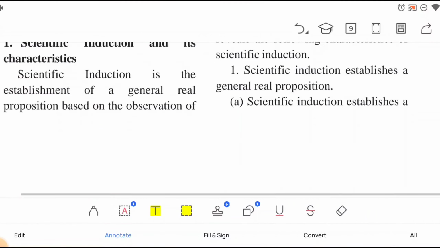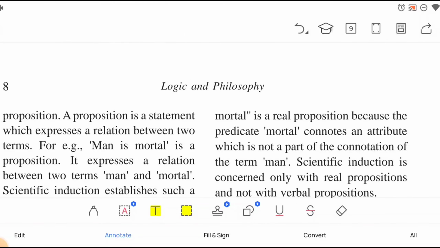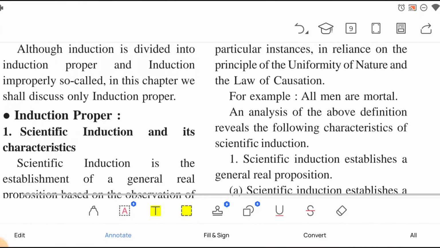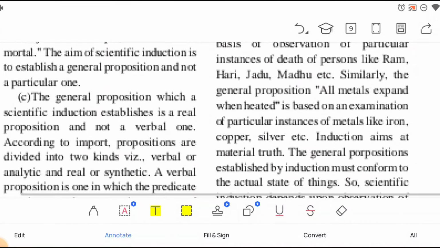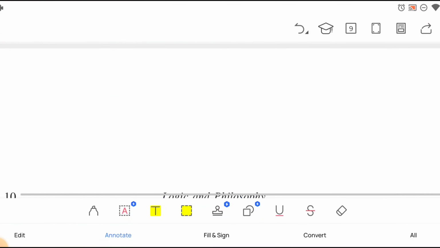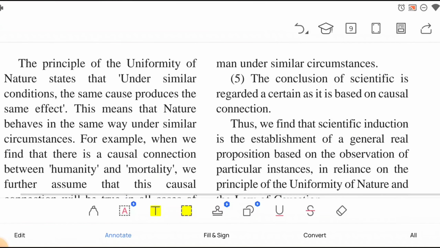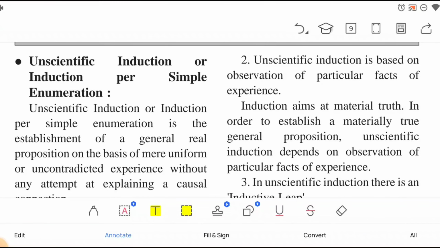In the next video, we will discuss the relationship between the types of induction. We have learned about scientific and unscientific induction, but we did not discuss the similarities and dissimilarities between all of these. We will discuss that, and the similarities and dissimilarities are given point-wise in your book. You can even read it.